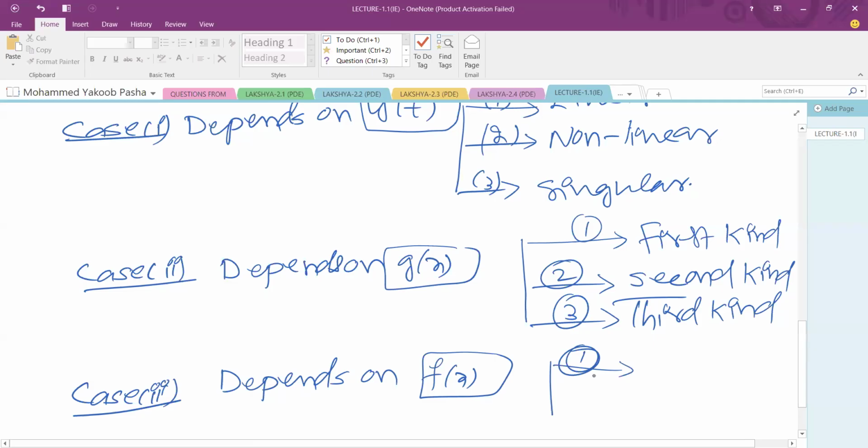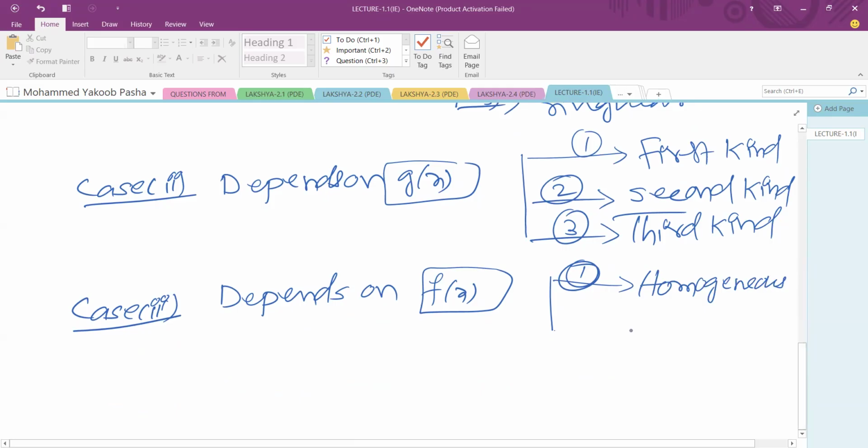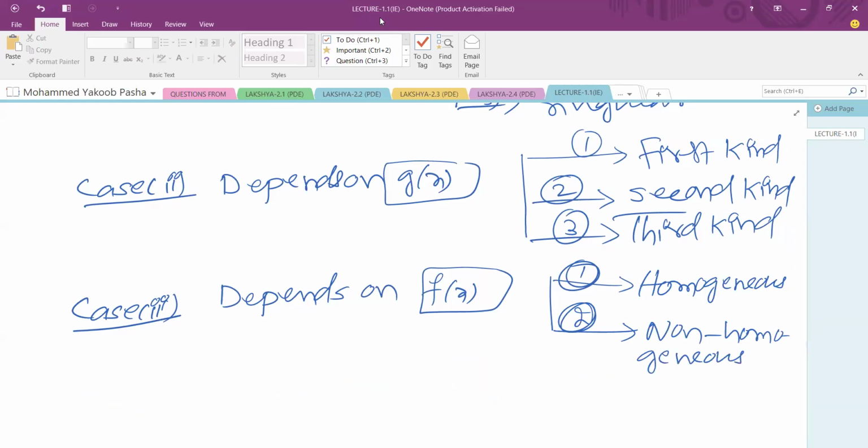First one is homogeneous integral equations, and second one is non-homogeneous integral equations. Okay, according to f of x, we can classify integral equations into two types. One is homogeneous, another one is non-homogeneous.